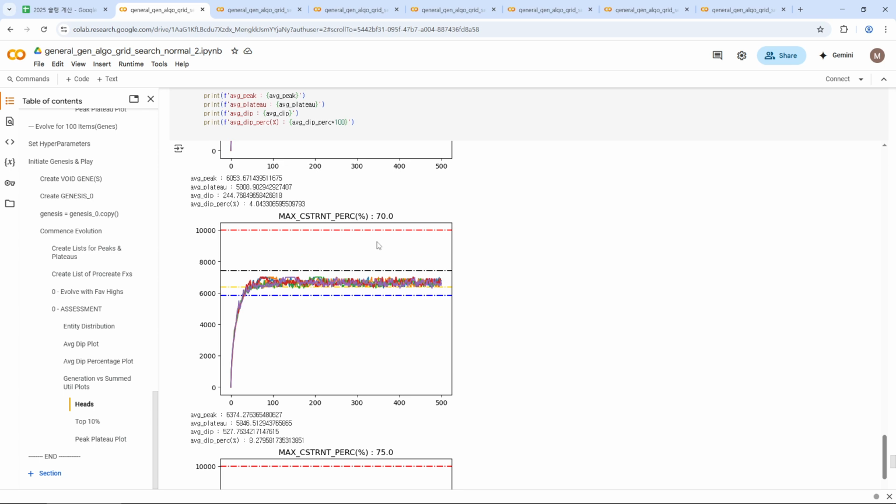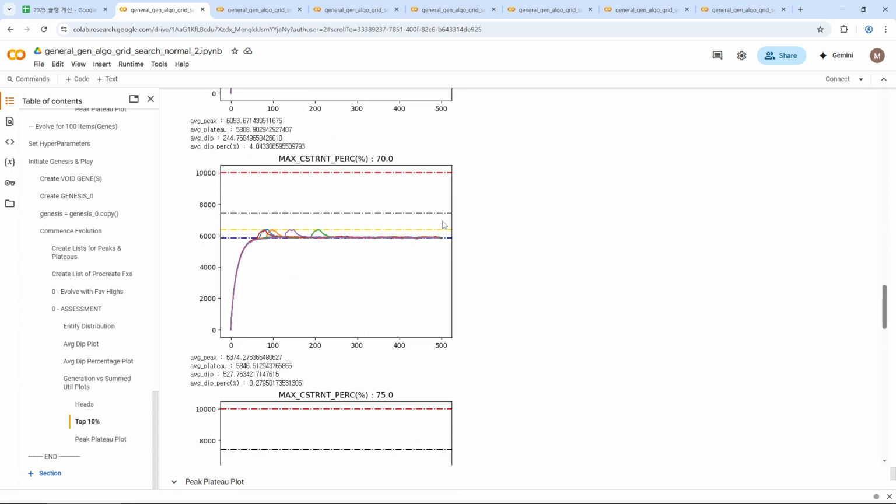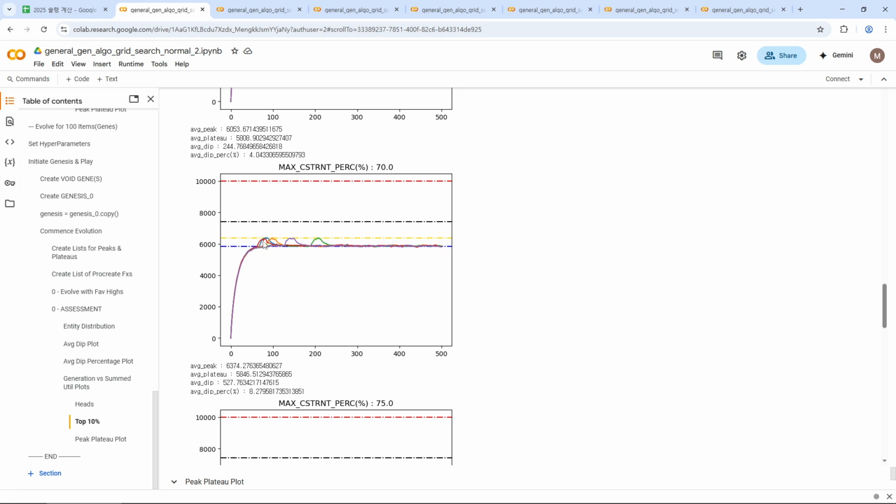So it could be said that when the maximum constraint percentage was at 70%, there were more entities with higher sum utility values, and therefore the score for the top 10% increased and peaked. But when this was happening, the maximum ever value did not happen.